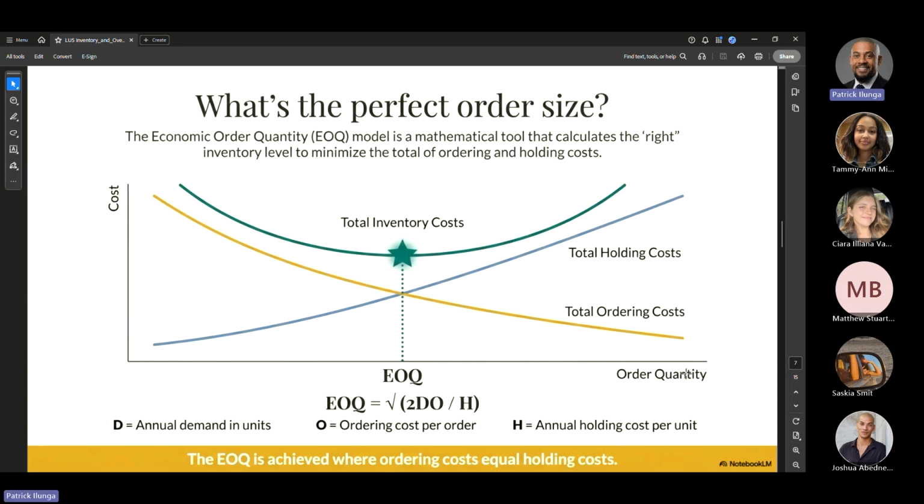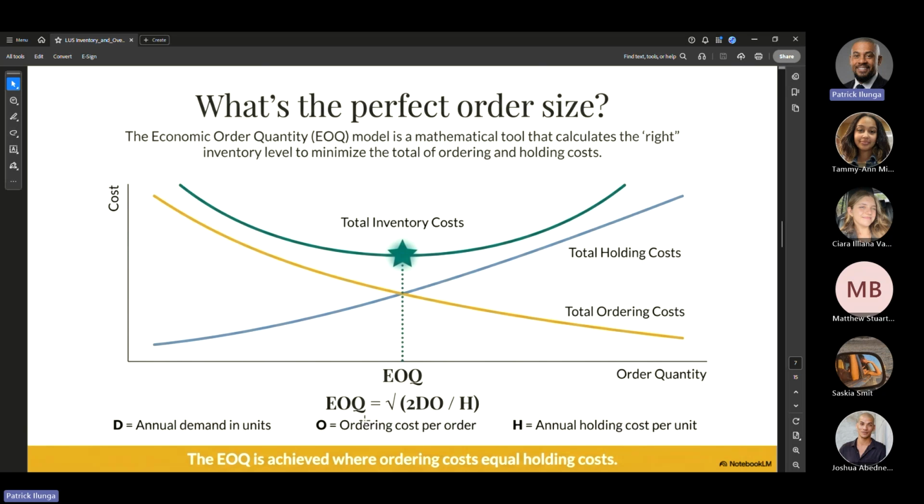Guys, come on, wake up. So variable, we said variable cost: the total variable cost grows together with the quantity. So you can see that the holding cost is a variable cost. Interesting, huh? So that's what it's all about.